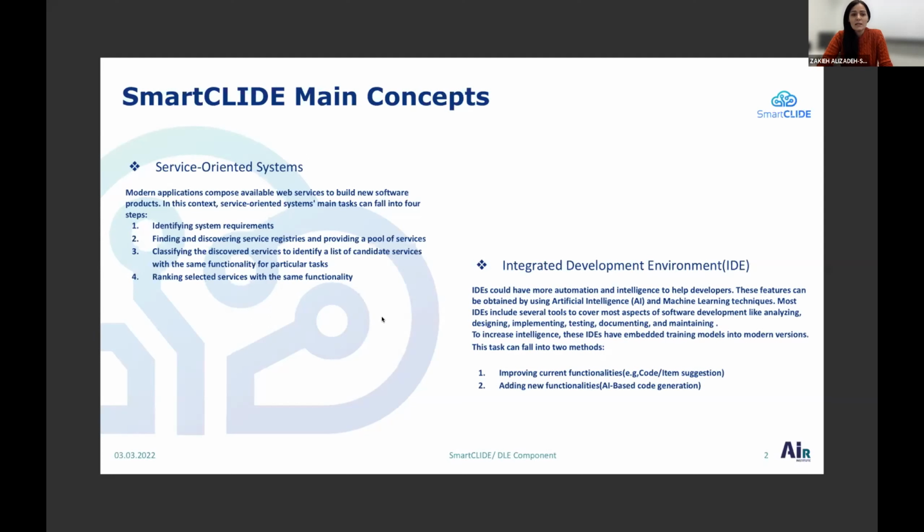After that, when we find several services with the same functionality, we need to select the best one. In the DLE, we are going to provide automation in some tasks that I will show in the next slide. Also, when we want to provide new software based on our business, maybe we find some available services, and when we can't find the services, we need the platform to develop it.